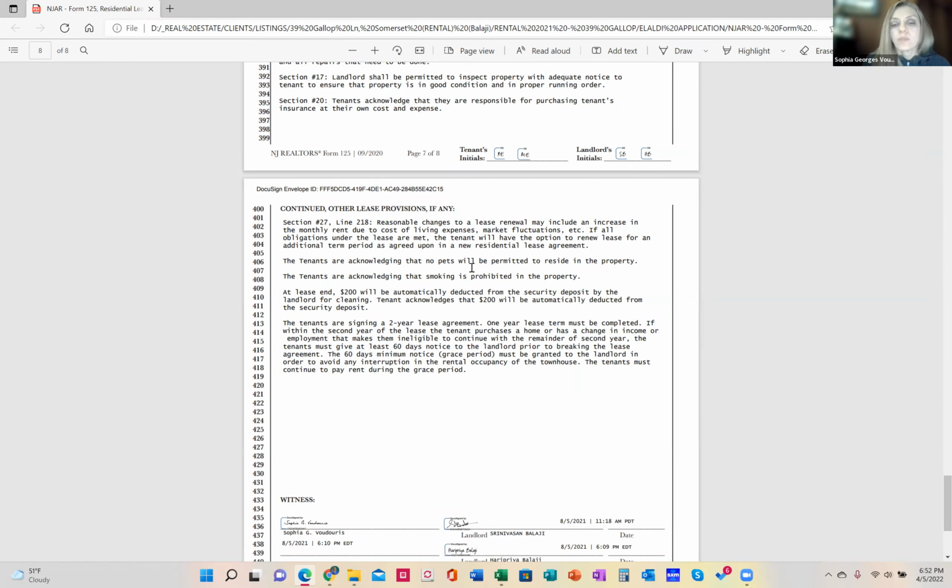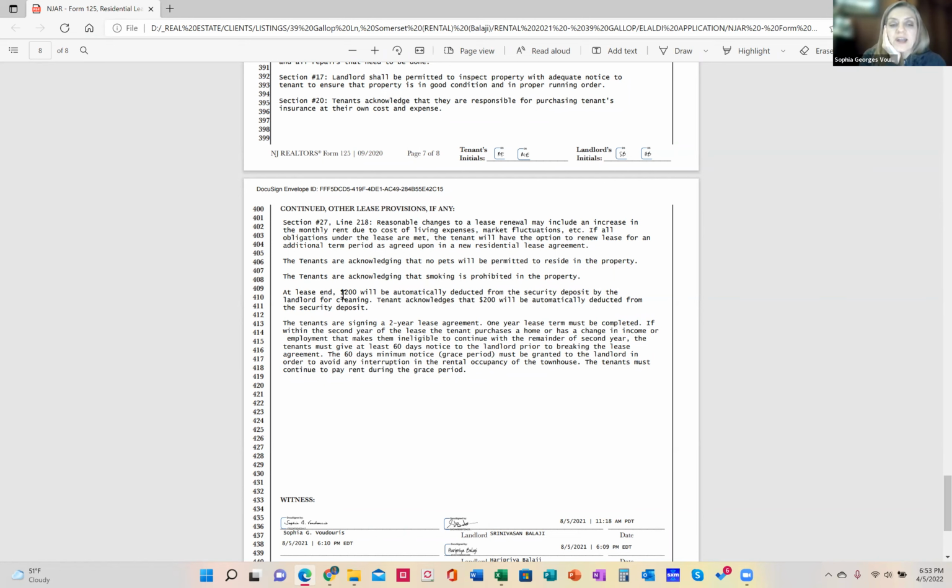Here, I'm saying there are no pets allowed. Now, if there was, you would say here the tenants have a pet, right? And you would say what the pet is. No smoking. I always add in mine that there's going to be cleanup needed at the end of the lease, right? Carpeting, a good thorough clean, right?